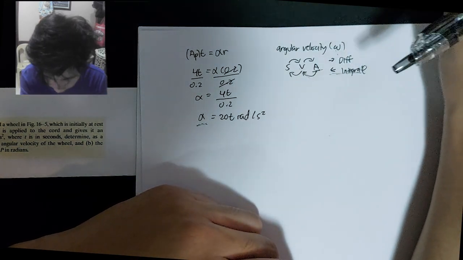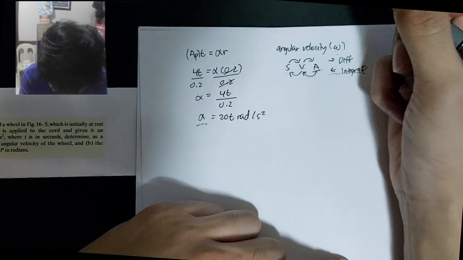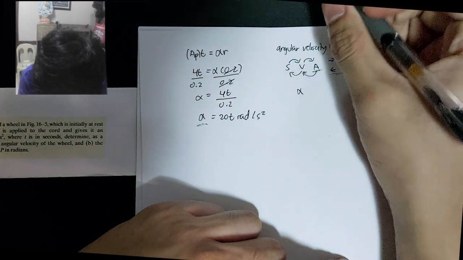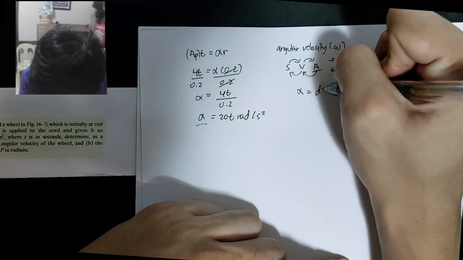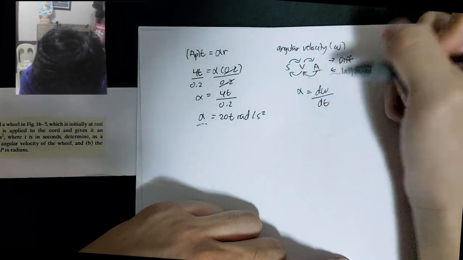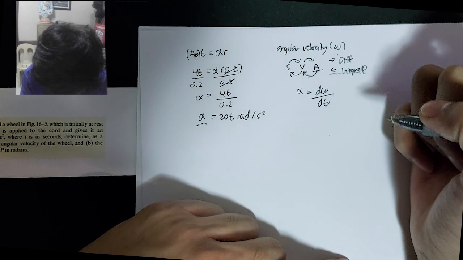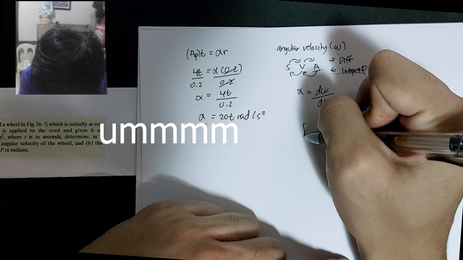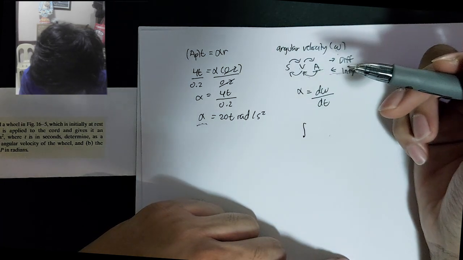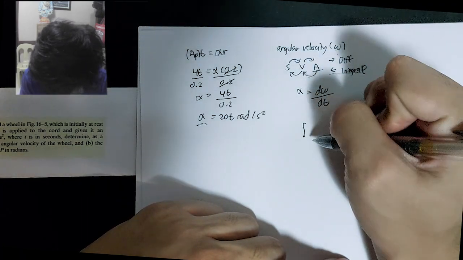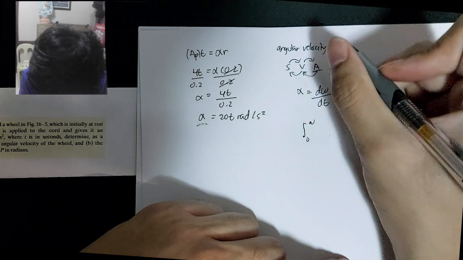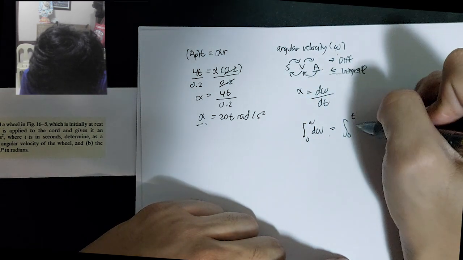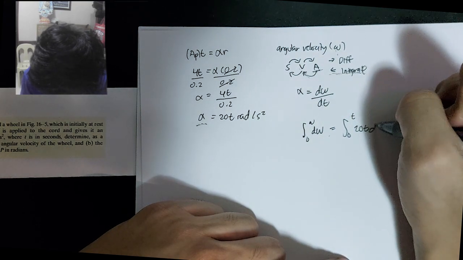We substitute and integrate with respect to t, from 0 to t, of 20t dt.